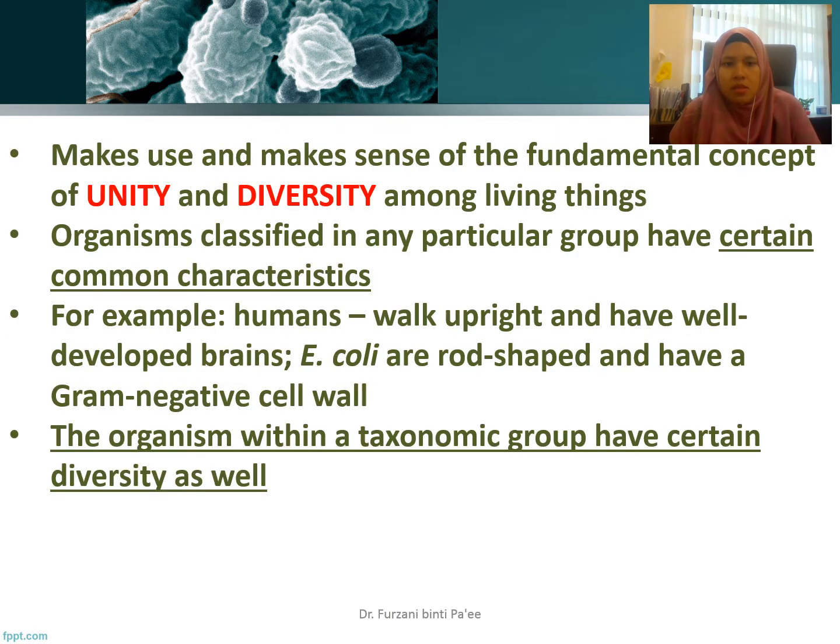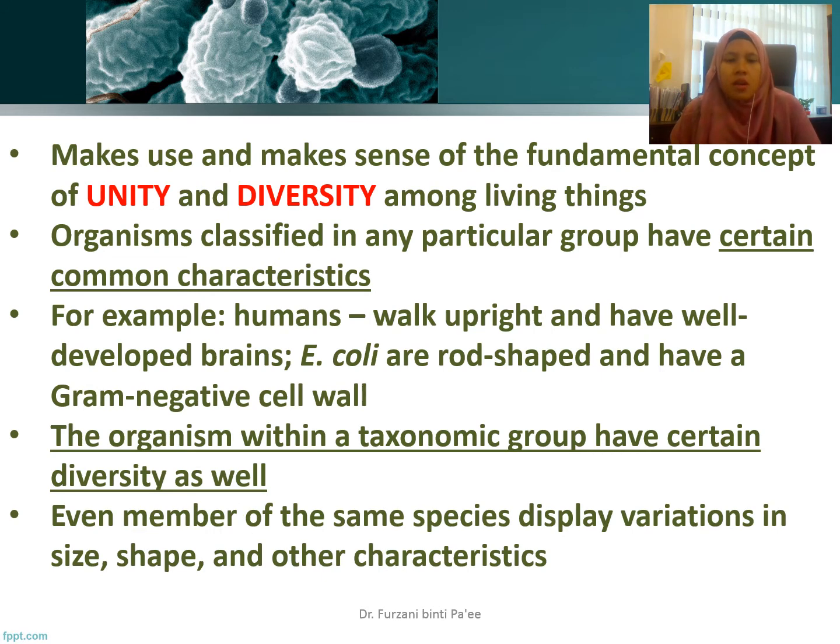Next. All right. Make use and make sense of the fundamental concept of unity and diversity among living things. The taxonomical grouping is useful for us because there is a very diverse group of microbes in this world, and they are grouped by common characteristics. For example, humans are in one group.